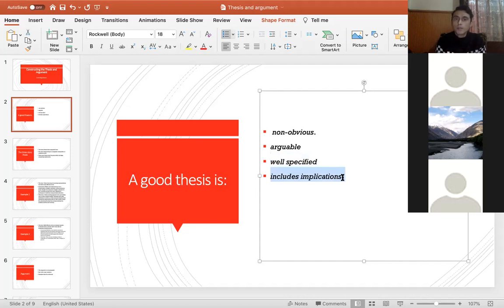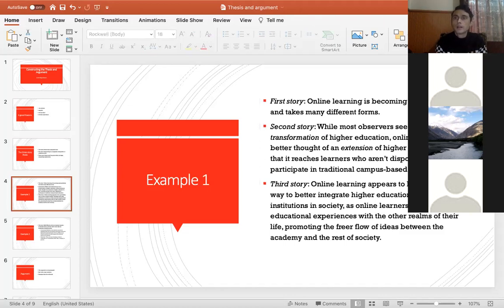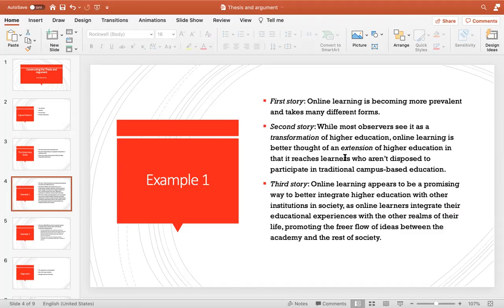Now, I need to give you some examples to explain all these 4 points further. Here is the example. The experts of writing tell us that if a thesis statement is too obvious and there is nothing to prove in that particular statement, then that kind of statement is called a first story thesis statement.